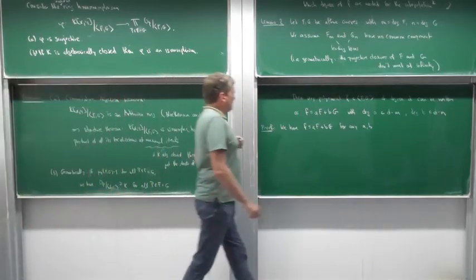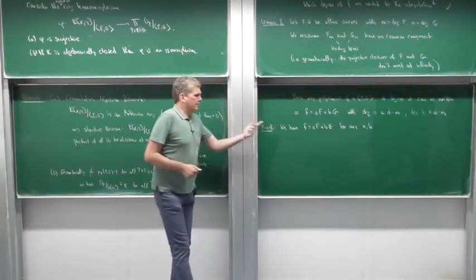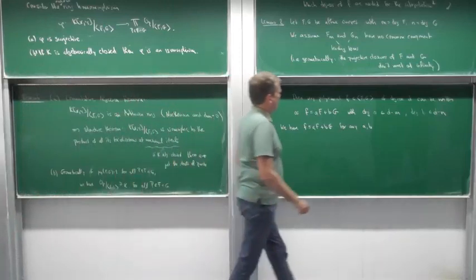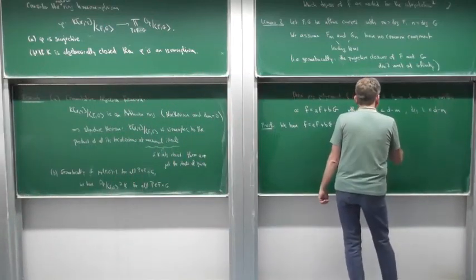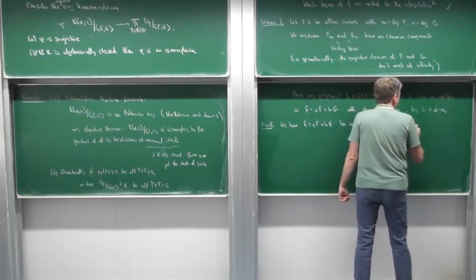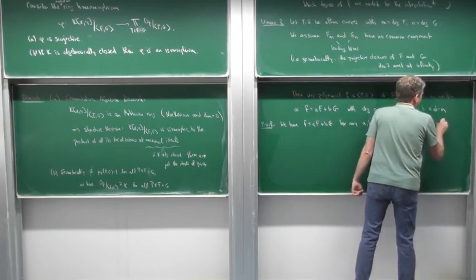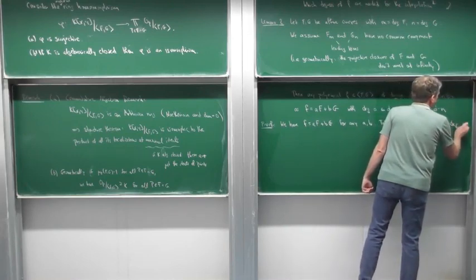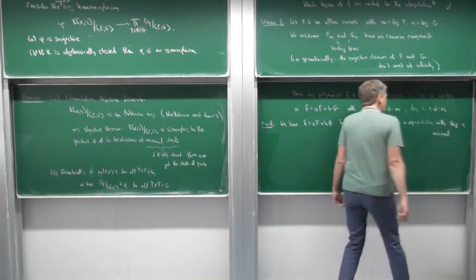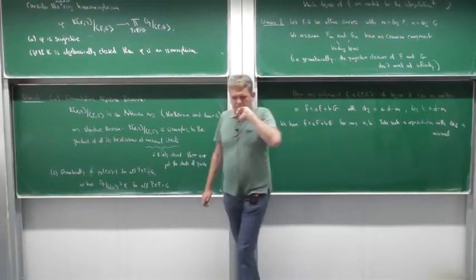And what we want to do is take such a representation, say with minimal value of the degree of A, and show that this is at most this number. So take such a representation with the degree of A minimal, and we want to show that then it's at most d minus m.